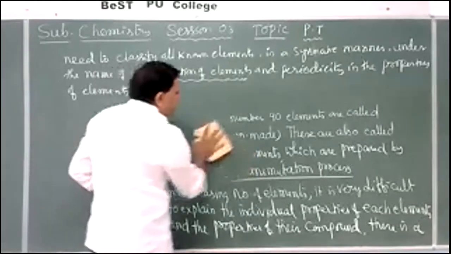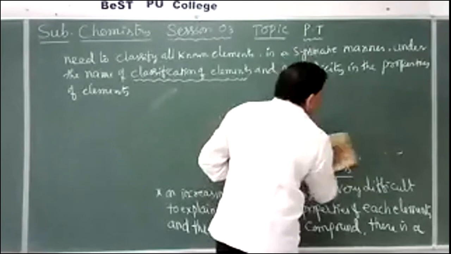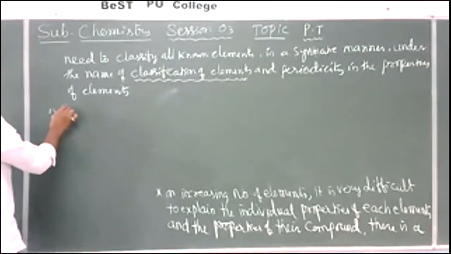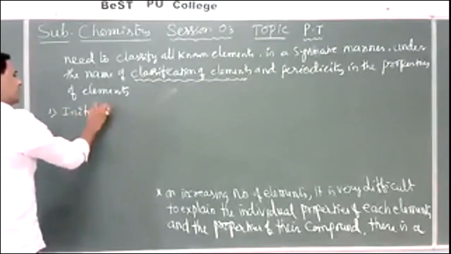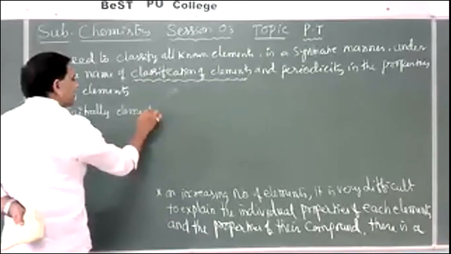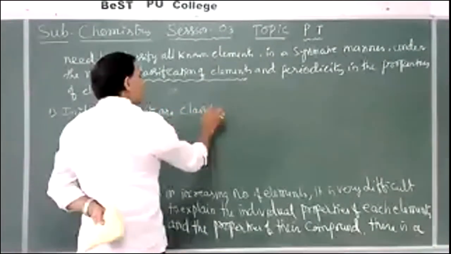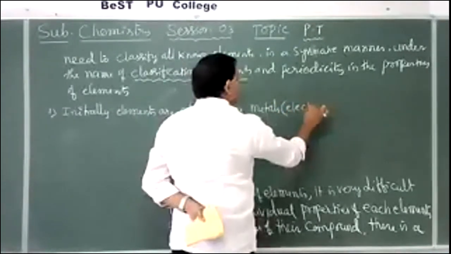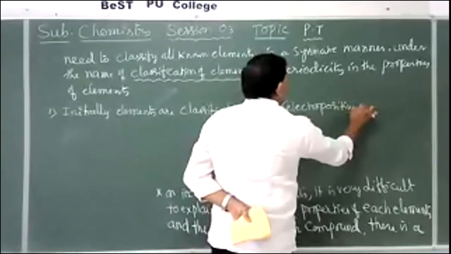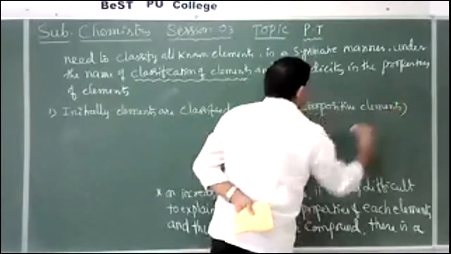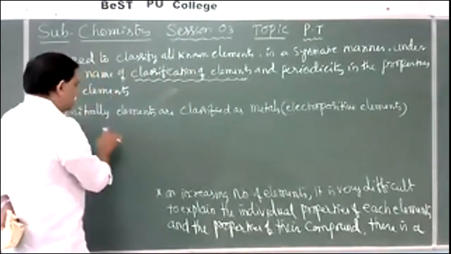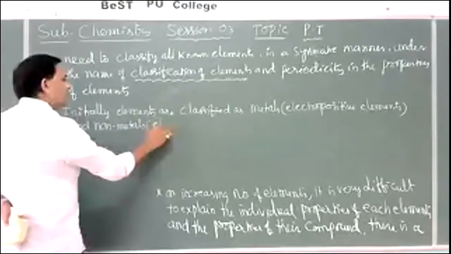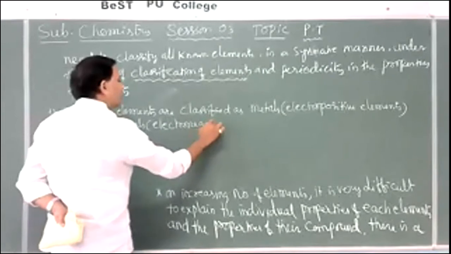Initially, elements were classified as metals, meaning electropositive elements, and non-metals, meaning electronegative elements.